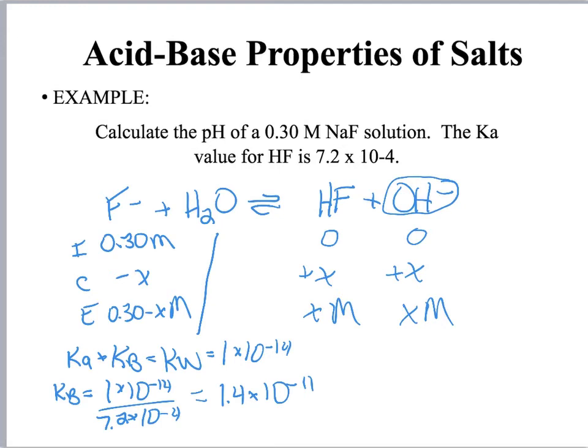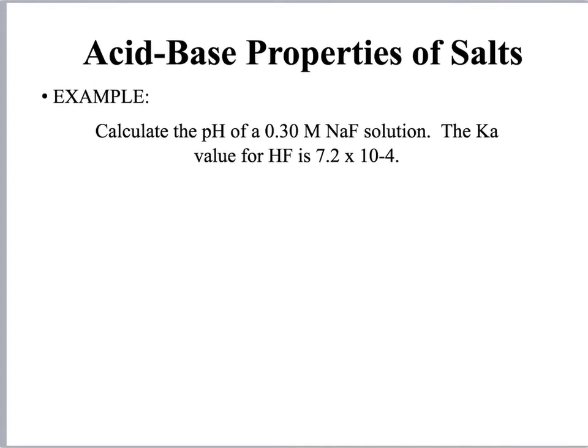So now that we have our Kb, we can write our Kb expression, which we know would be equal to products over reactants. So concentration of HF times the concentration of OH minus all over the concentration of F minus. Okay, so now we're ready to actually plug in and solve here. So now that we have our Kb expression, we know that Kb is 1.4 times 10 to the minus 11.